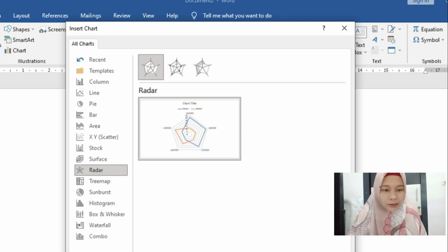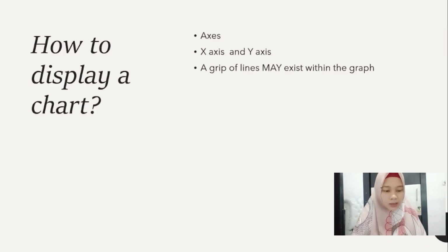I think I missed this in my previous explanation: how to display a chart. If you do not use a computer for designing your chart, of course you have to do it manually, right? Then you have to know that there will be vertical and horizontal lines in your chart, and we have a name for them.